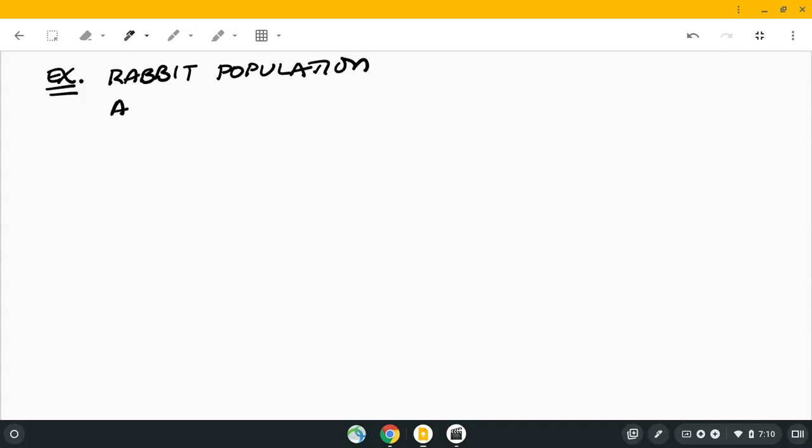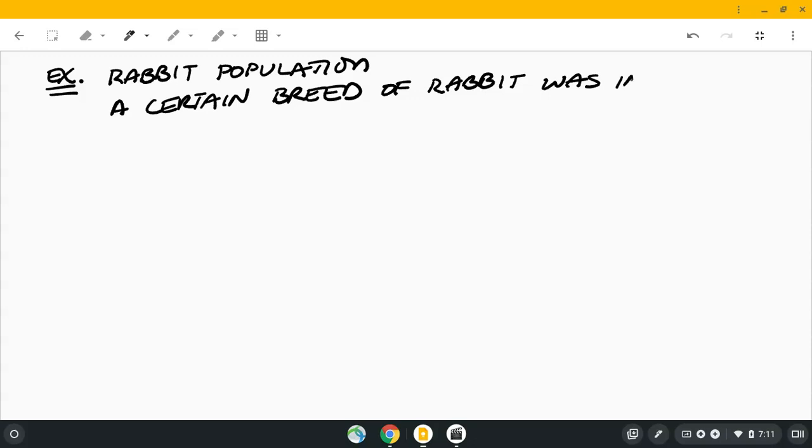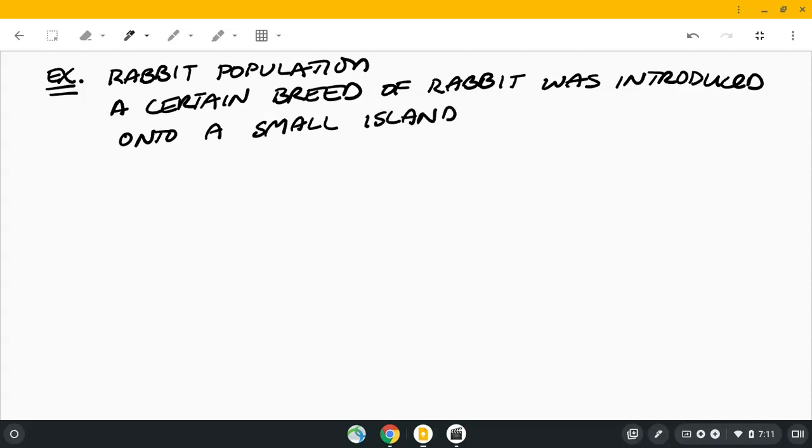All right, so a certain breed of rabbit was introduced onto a small island 8 months ago.